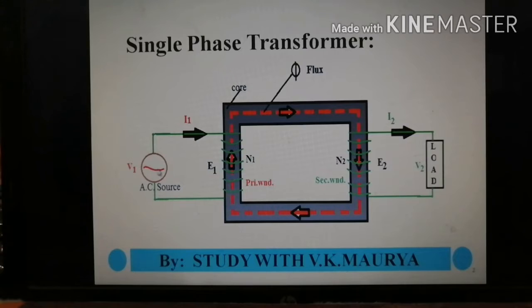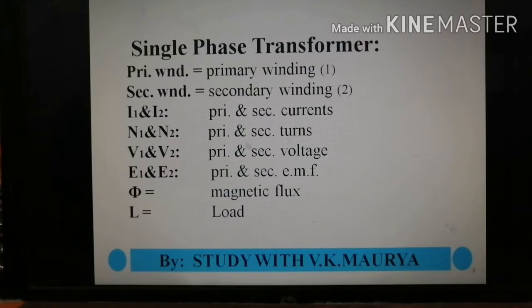Due to the alternating nature of this voltage, alternating flux is set up in the core. Due to this alternating flux, two EMFs are induced, E1 and E2. Now see the notations. 1 is used for the primary and 2 is used for the secondary. I1 and I2 are the primary and secondary currents.